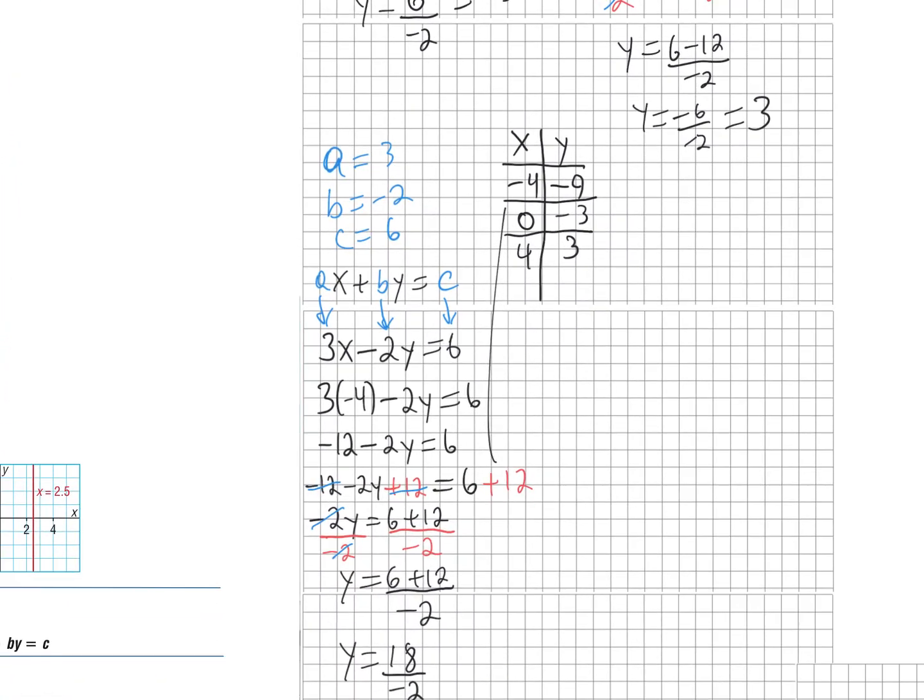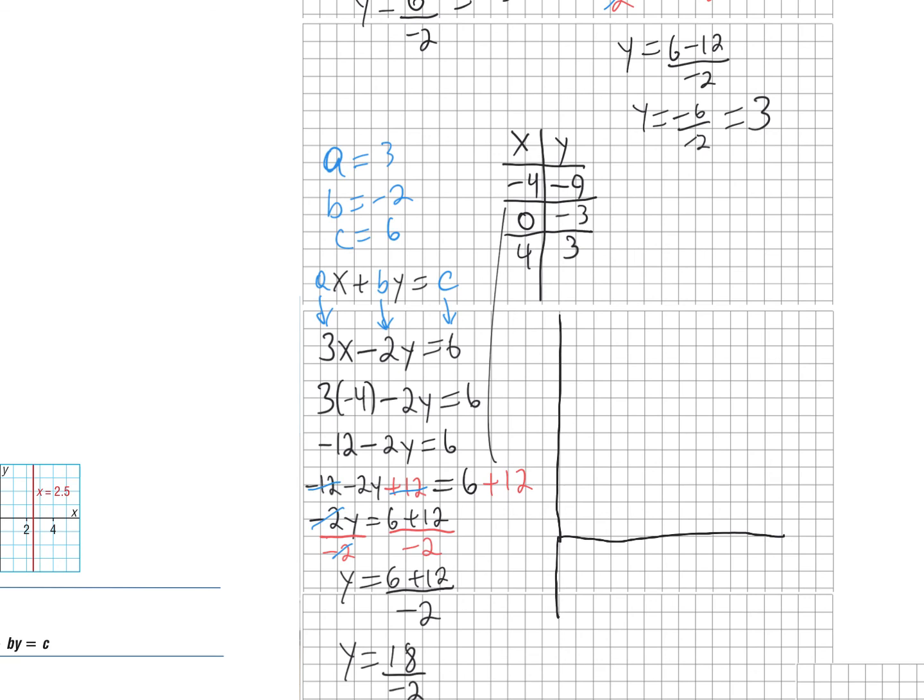And this wants me to draw a graph of these table of values. So if I have my x and my y coordinates drawn, here I have, oh, I did that a little bit backwards.